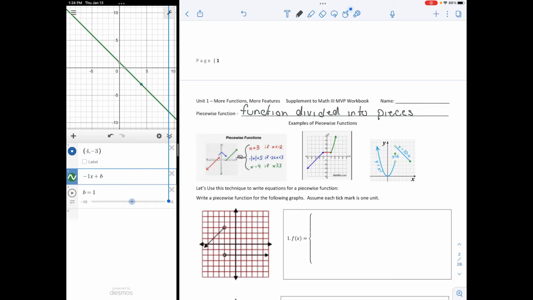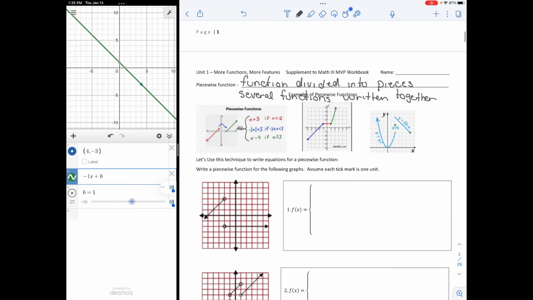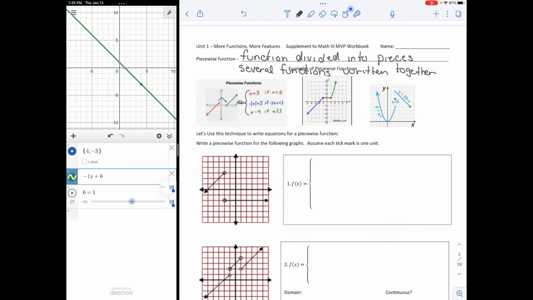It is several functions written together. So far this week, we're going to deal mostly with linear, but we also will deal with quadratic and absolute value piecewise functions. All right, so notice that this function has two pieces.